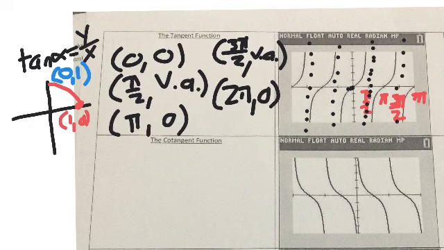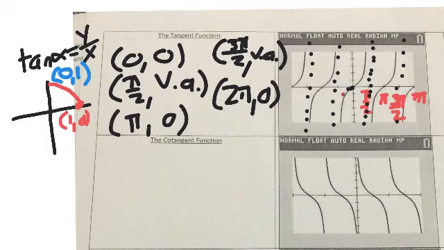So really what you have to remember are these critical points and that tangent increases as it goes along. So think about between these asymptotes. Between an asymptote here and here, tangent is increasing. It starts off really close to negative infinity, and as I go left to right, it gets bigger and bigger. As it approaches the x-axis, it snakes through and gets closer and closer to positive infinity until we get to the next asymptote.